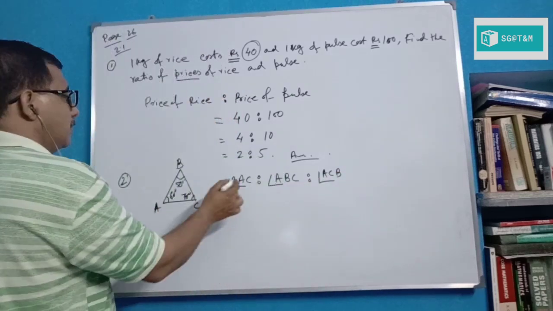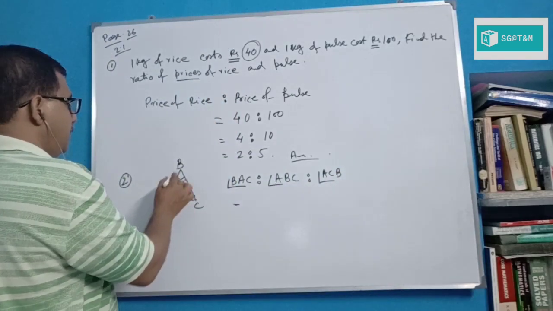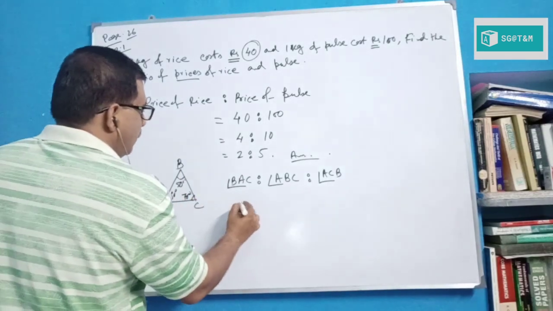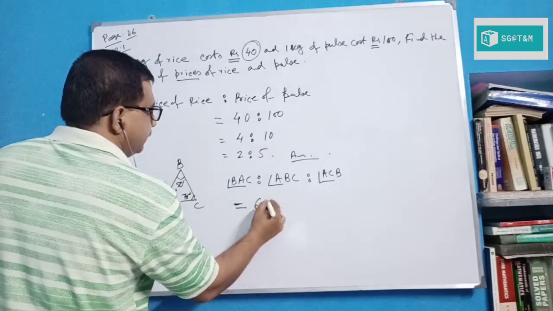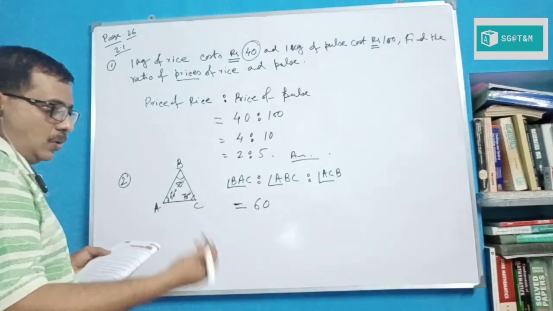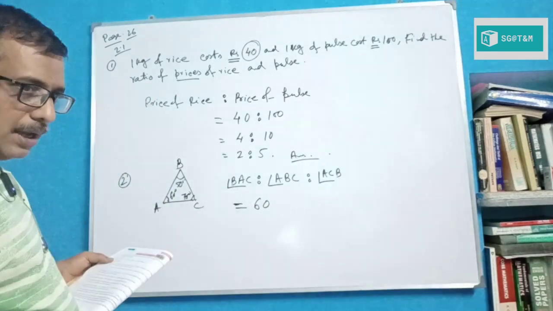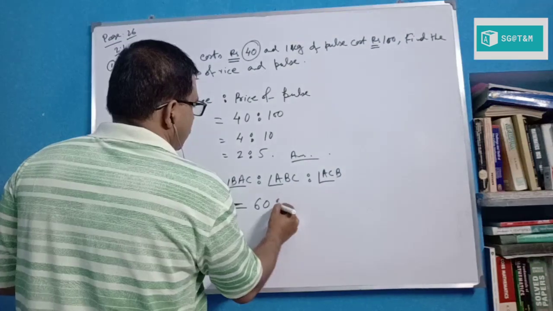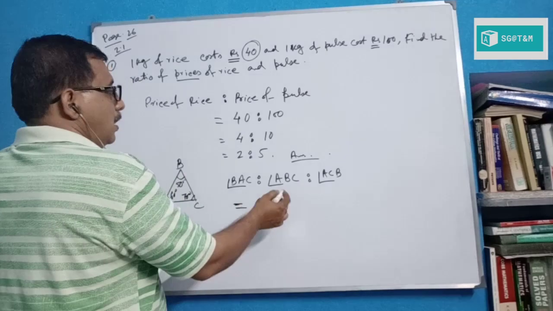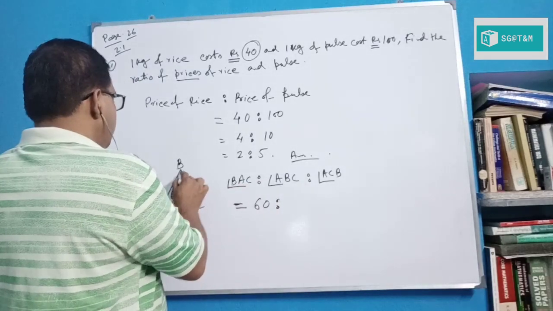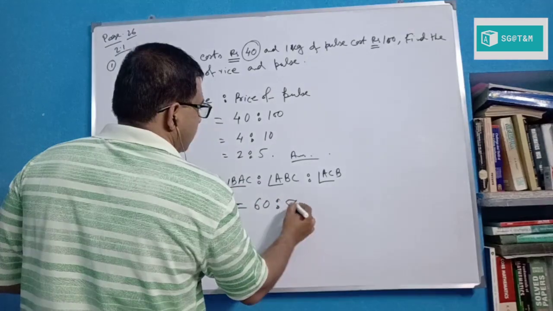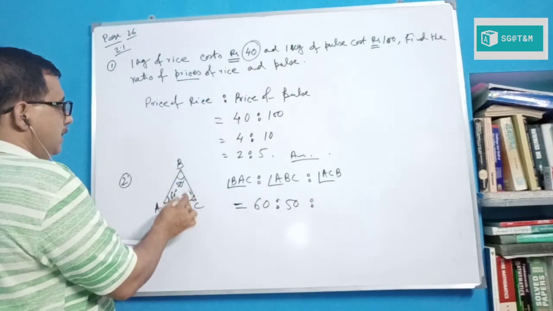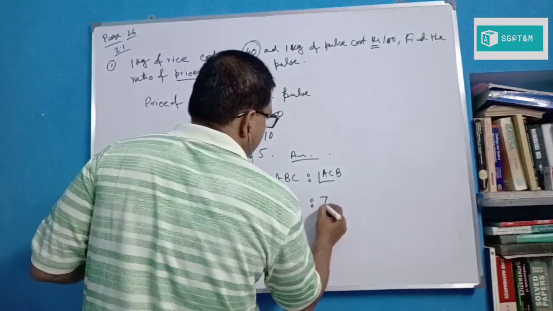BAC, that is this angle, is given as 60. When we write the ratio, there is no need to write their units. Then ABC is 50 and ACB is 70.